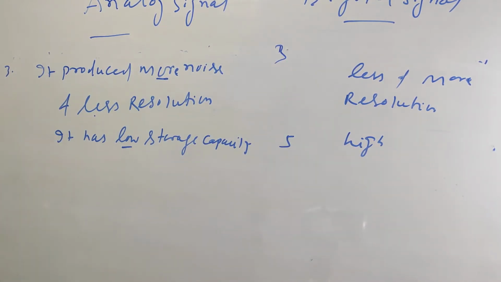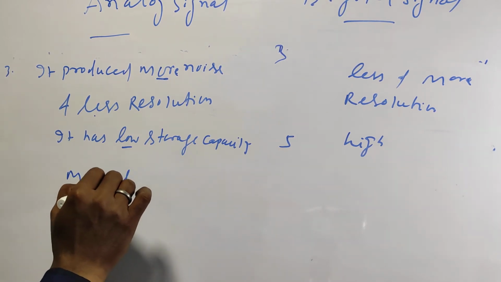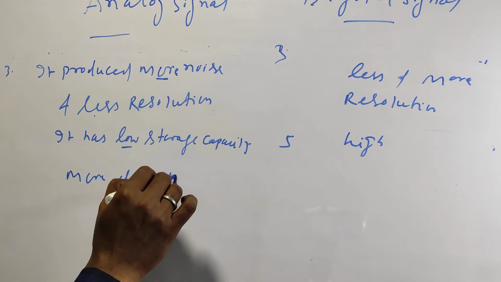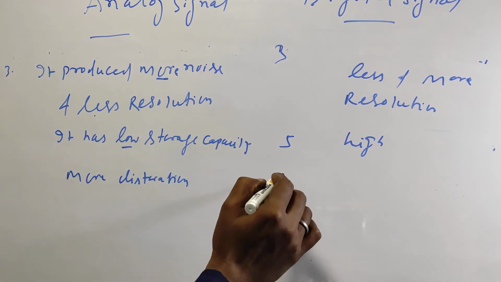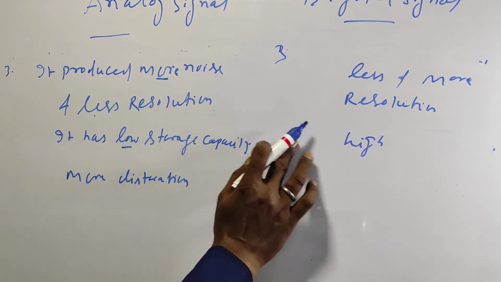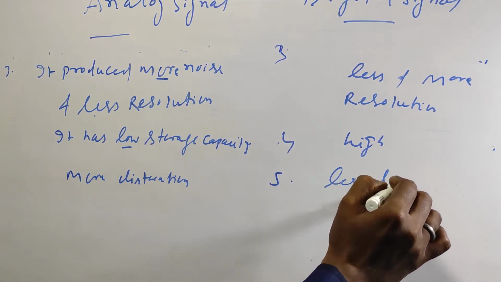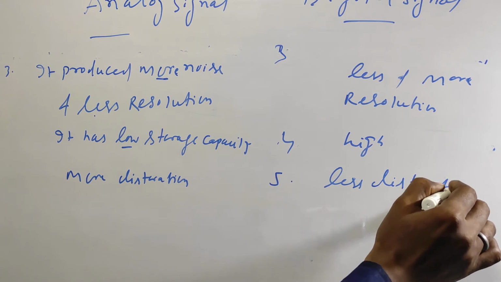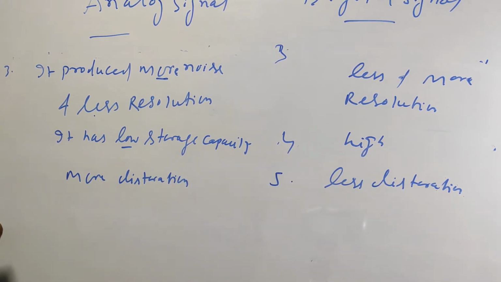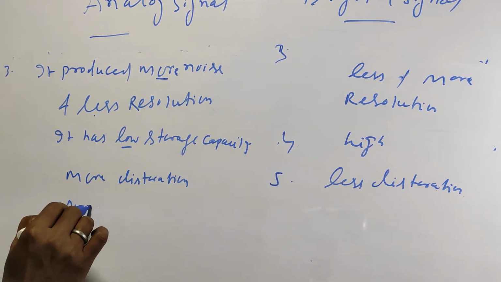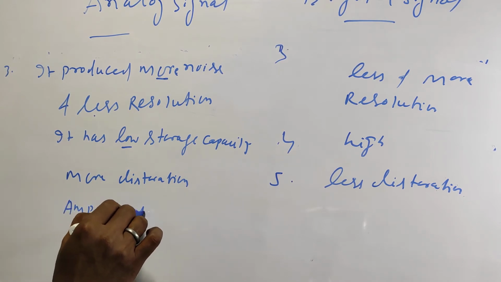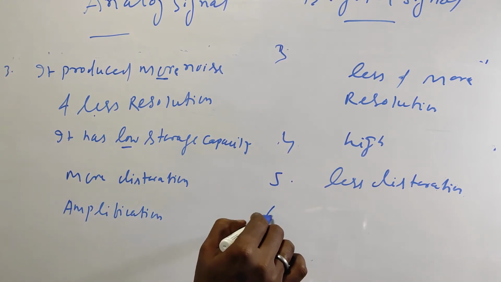An analog signal has more distortion, and digital has less distortion. In analog signal, I use amplification, and in digital, I use a switching operation.